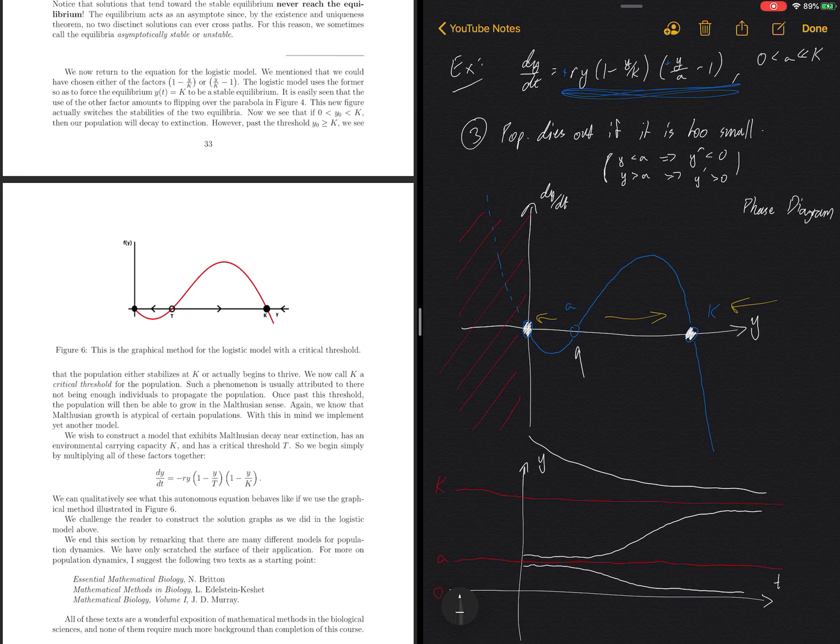And we talk about exactly those kinds of equations, where we deal with first-order systems of autonomous differential equations. So it's a class in smooth dynamical systems.